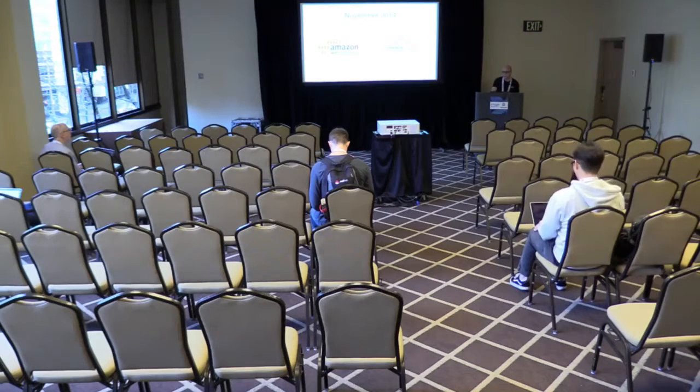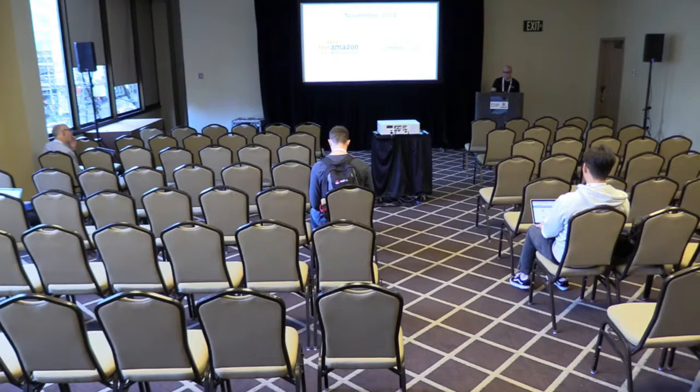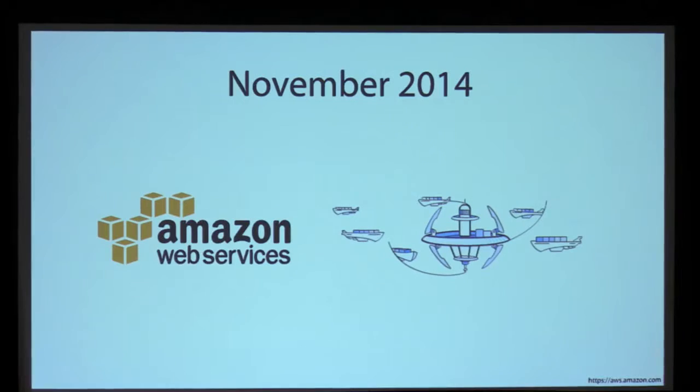Where Docker Compose was great for prototyping, and Kubernetes was pretty nascent, Amazon's ECS was actually quite simple to stand up an application behind a load balancer. You could actually start serving something on the web very, very simply. So if you were using Amazon or had any experience with it, it was a simple start. So again, for context, November 2014, that's like a year and a half after Docker.